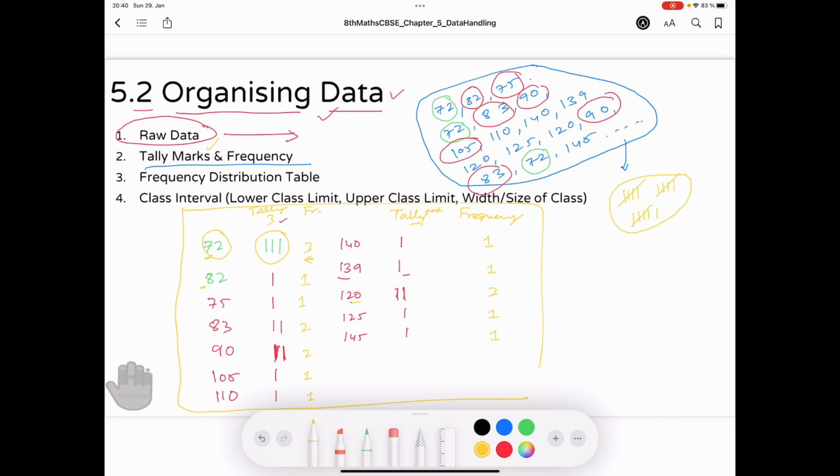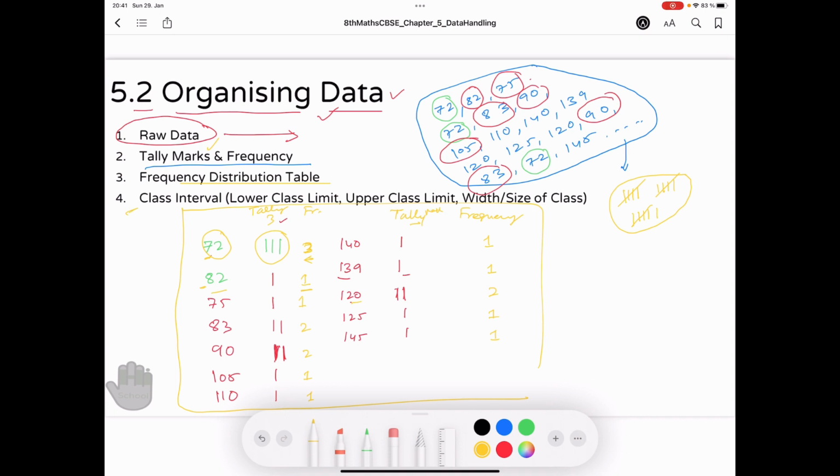That's what the frequency distribution table is: how the frequency of data is distributed. 82 has come 1 time, so the frequency of 82 is 1, and like that.